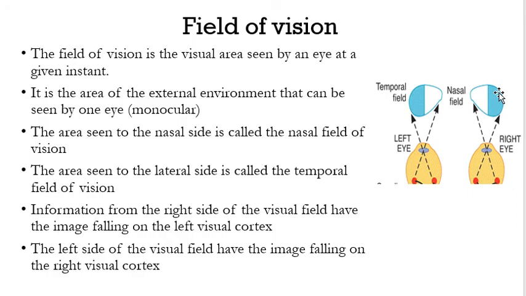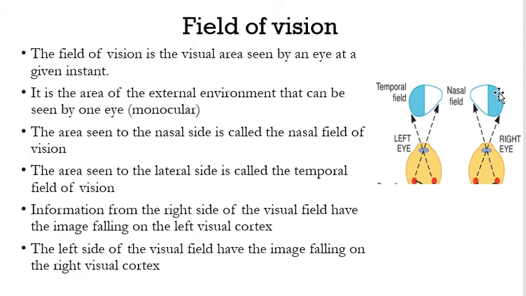If you look at your right eye, you will see that the temporal side of the right eye is on the right side, and the temporal side of the left eye is on the left side. Then let's go to the nasal.